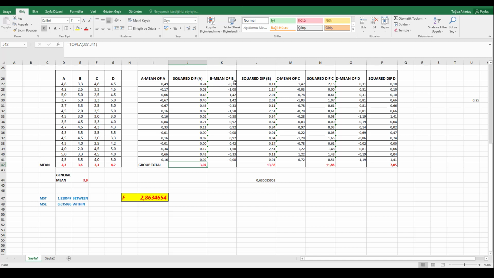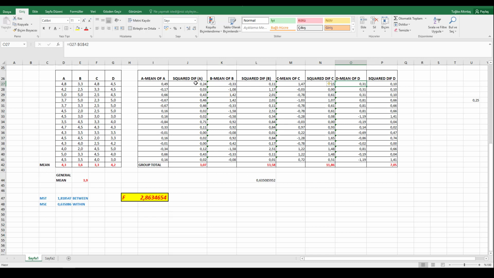We use the same calculation for group B. First we subtract the mean of B from each number under the B column. For example, this one, minus 0.33, is 3.3 minus 3.6. Then the squared differences for the B column, the differences for the C column, squared differences for C, and the same calculations for D. First you subtract group means from each number, and then you take squared differences.